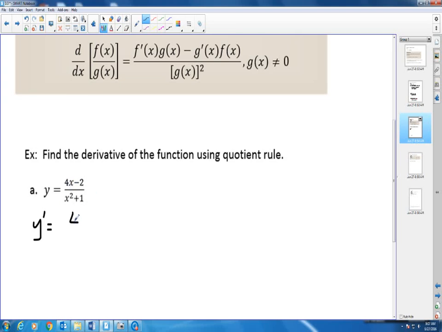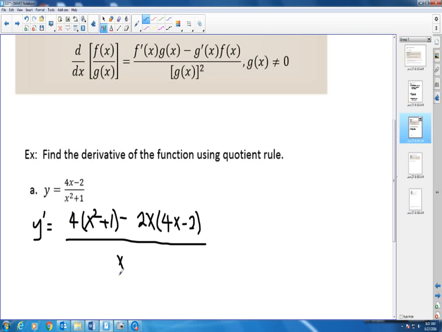If I take a derivative, that would simply be 4, times the bottom, x squared plus 1, minus the derivative of the bottom, which is just 2x, times the top, over the denominator, or the bottom squared. So that would be x squared plus 1, squared. I'm using a lot of the power rule here, using the difference of two functions rule. Okay, sum and difference rules.